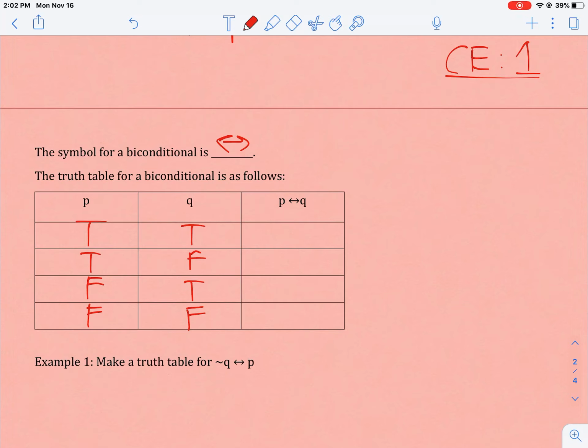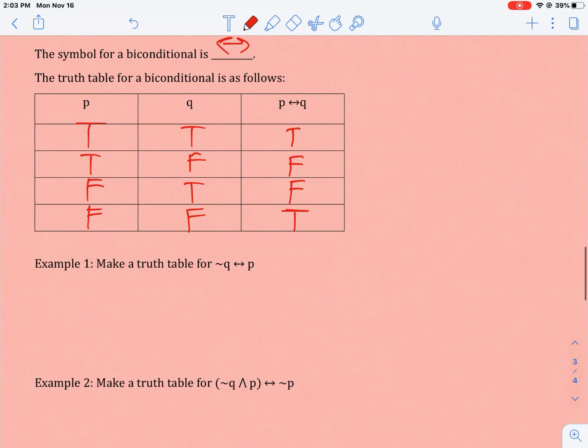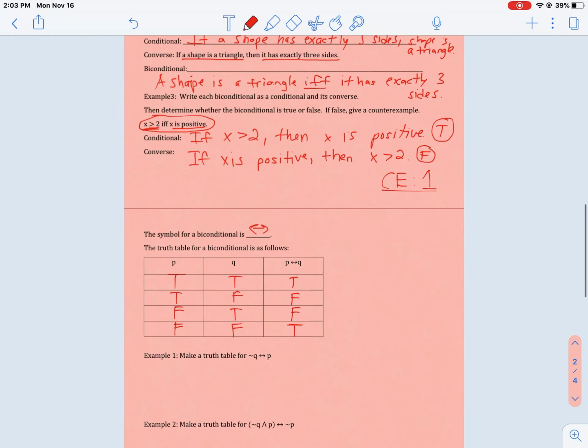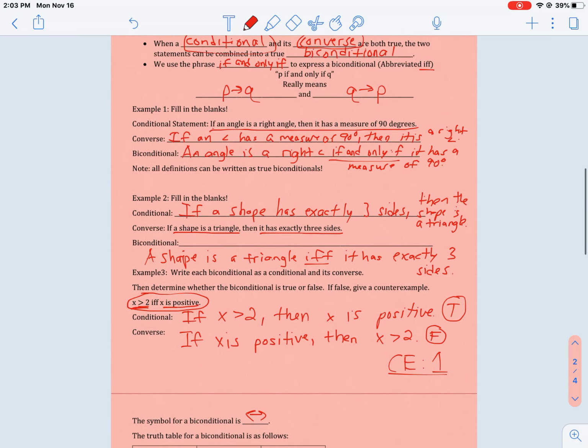A biconditional is only true when P and Q have the same truth value. So true if and only if true is true. False if and only if false is true. Honestly, I'm going to stop there because I'm not too concerned about the truth tables.